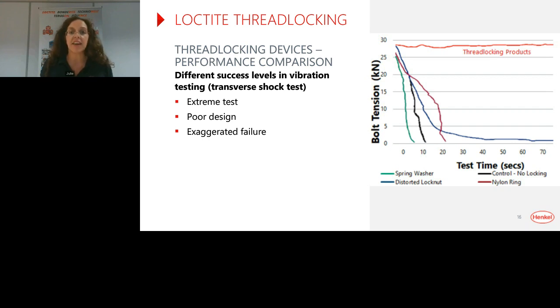The black line is the standard nut and bolt without any locking mechanism. And you can see that the mechanical fasteners do in the main improve things, but it's only the Loctite threaded assembly that's able to maintain 100% bolt tension for the entire time of the test.